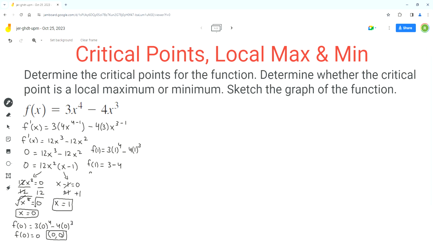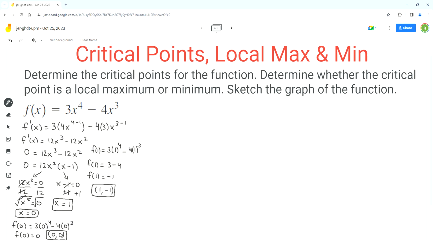So f(1) is equal to -1. That means the second critical point is (1, -1). So this function has two critical points, and we are done with the first part of the problem.